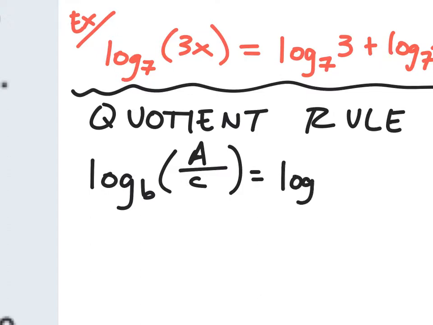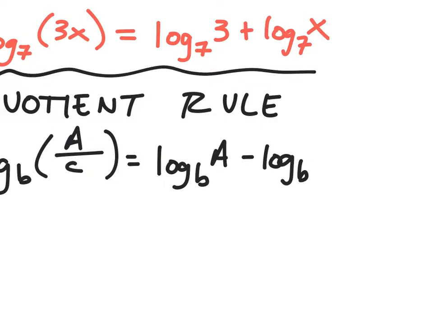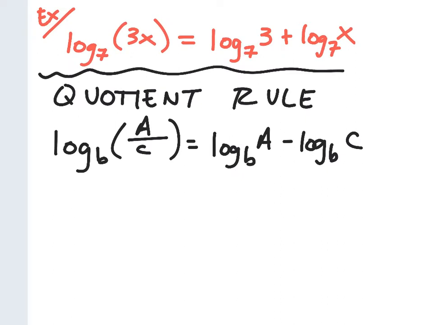And so I would write log base b of a minus log base b of c. So if you are dividing two things in here, it's log of your numerator minus log of your denominator, okay?